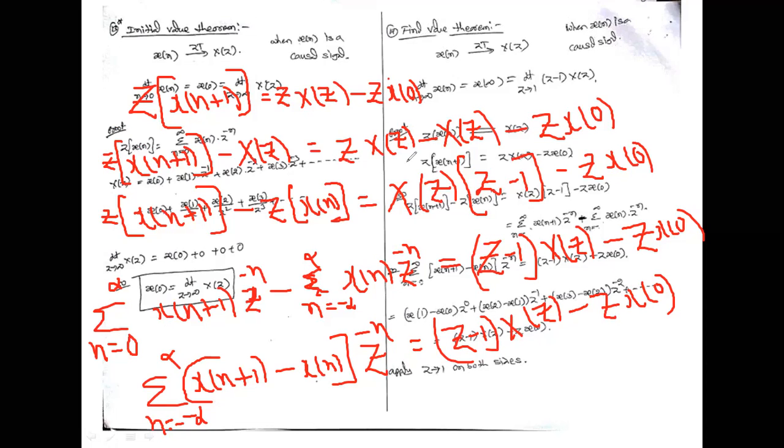Causal signal means right-hand side. And this also from 0 on. So expand with the 0 here.